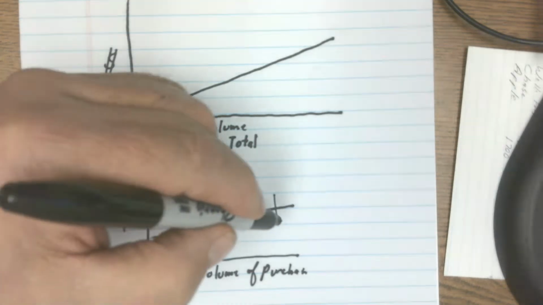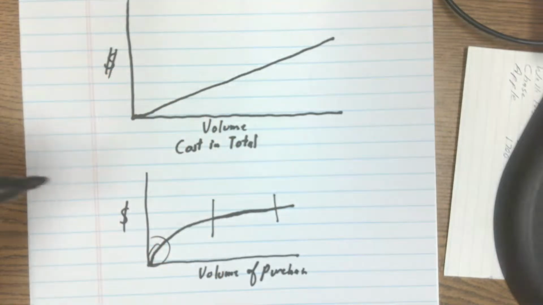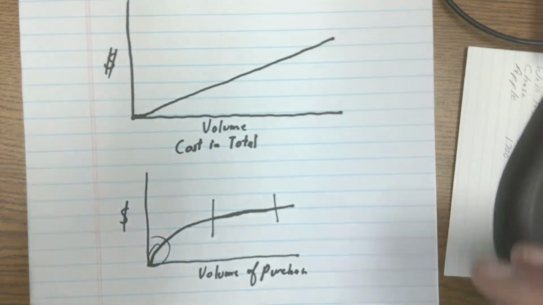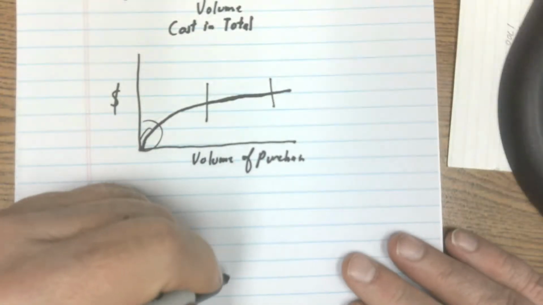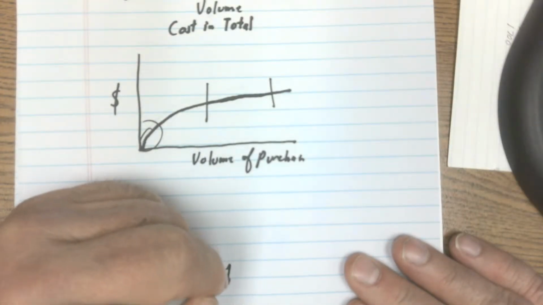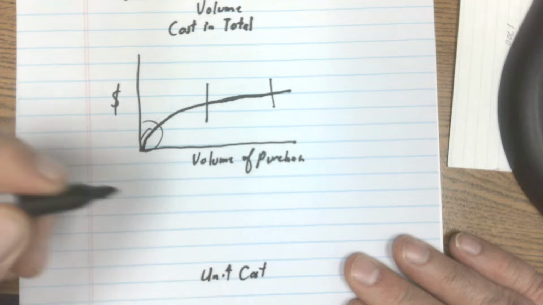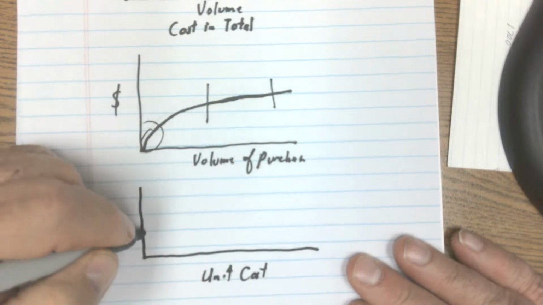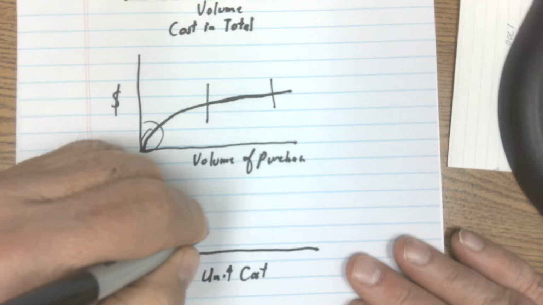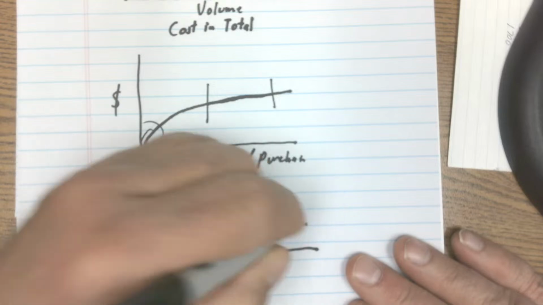And so the range that we are operating in will be almost a linear price, and we can use a set price. So what that means, when we get down to the last part, is now we're going to look at a unit cost, and a variable cost unit cost just looks like that.